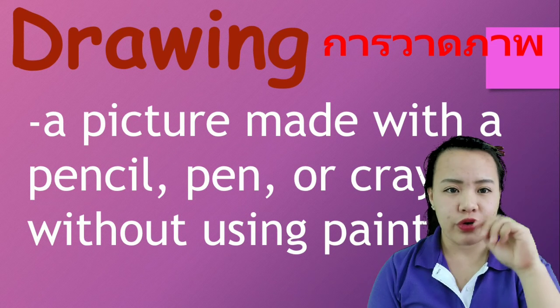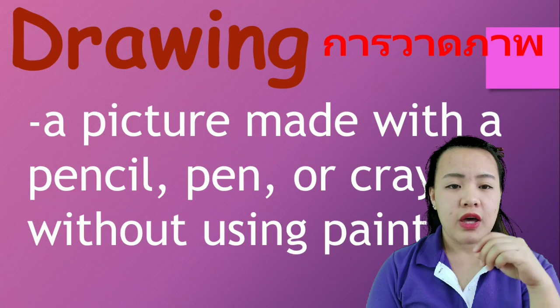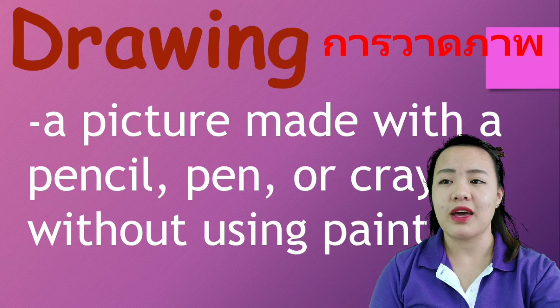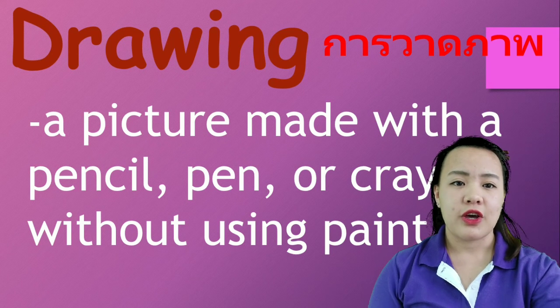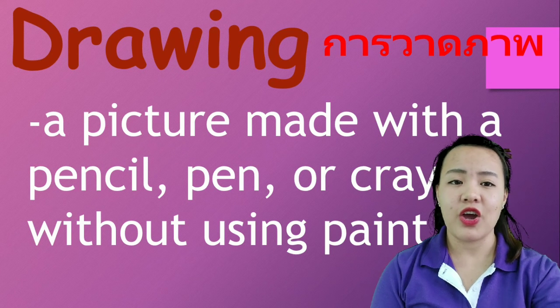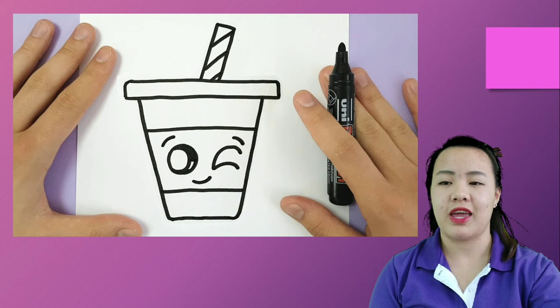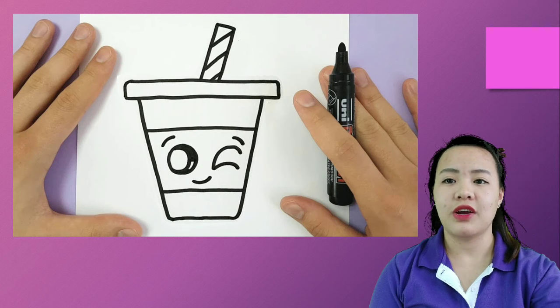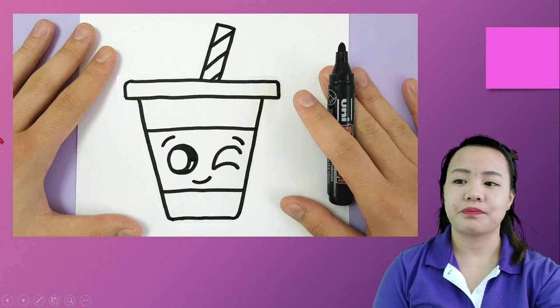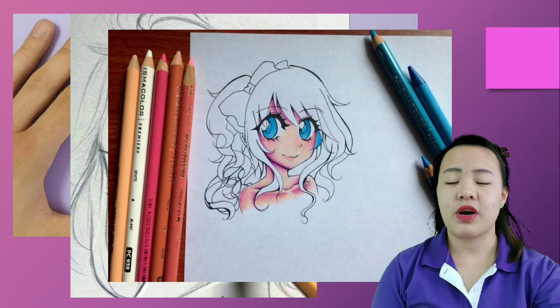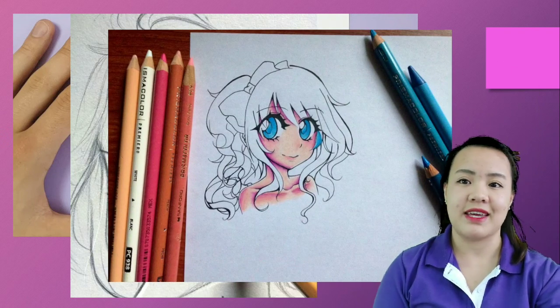You're going to show your creative skills by drawing on paper, or drawing imaginary things using pencil, crayon, or pen. Let's take a look at some examples. She uses here a marker or a pen. This one, pencil. This one, color pencil.